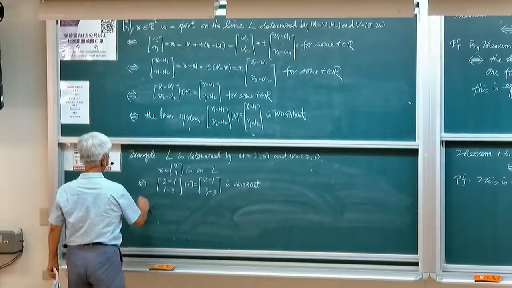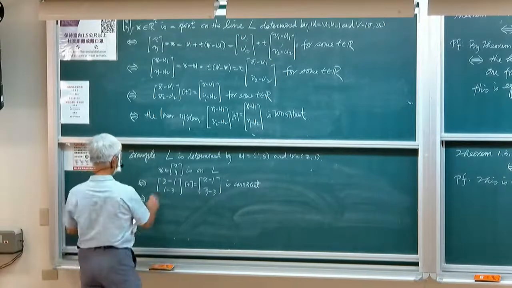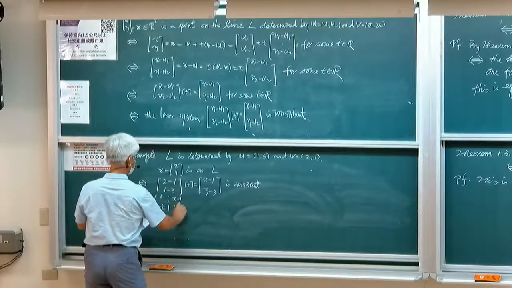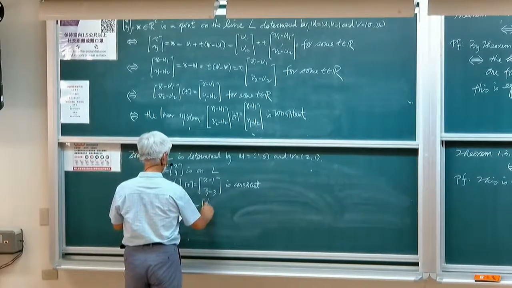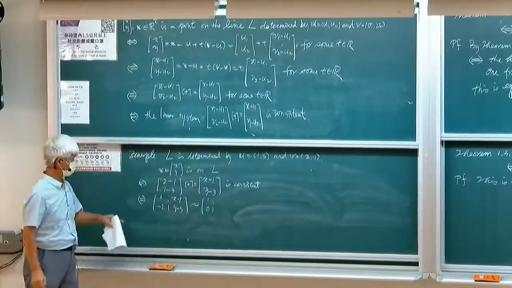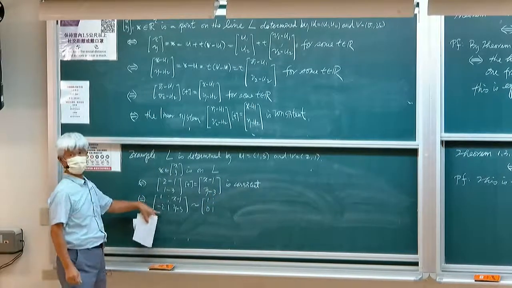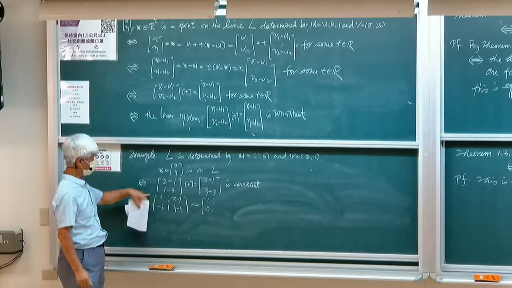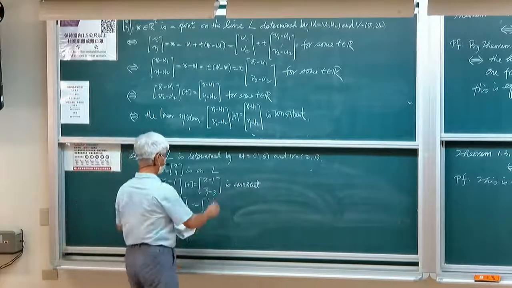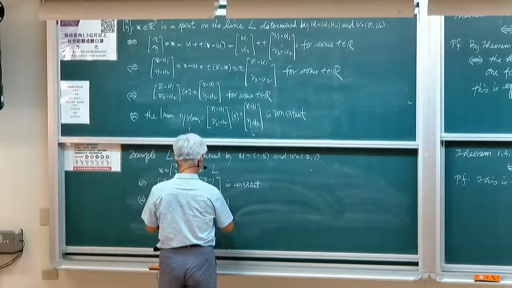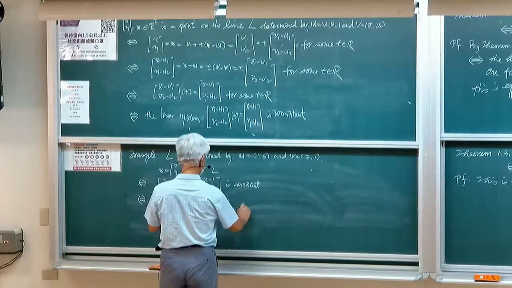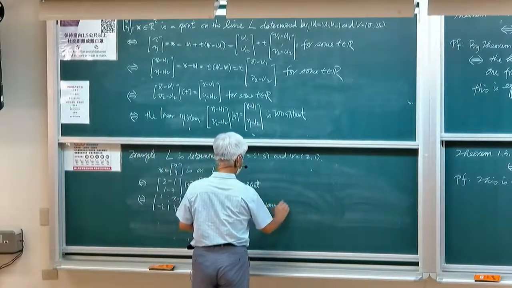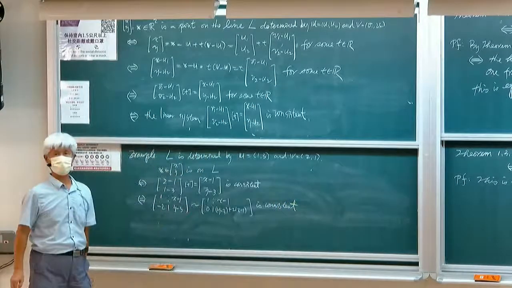Now using the augmented matrix, we have 1, minus 2, x minus 1, y minus 3.